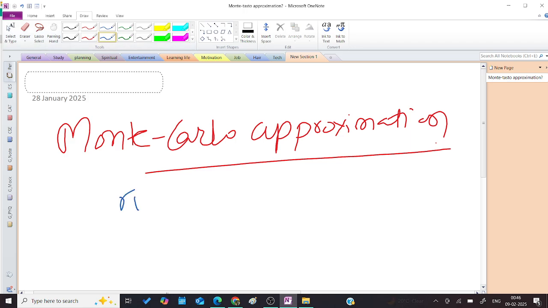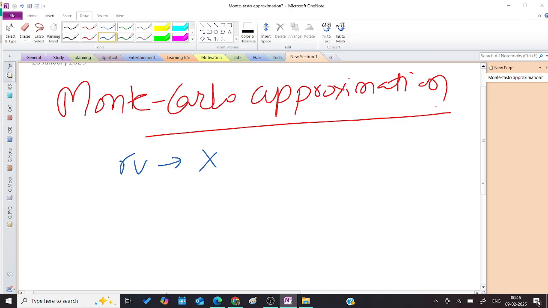Suppose we have a random variable x and we want to find the distribution of a function of that random variable x, right?